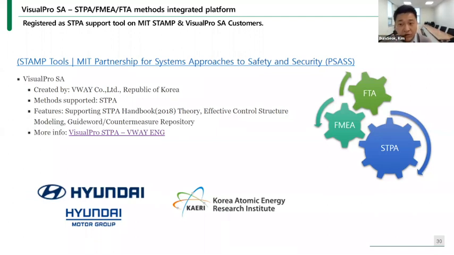So our company continues to study and develop how to effectively integrate STPA with existing or conventional safety analysis methods. Also, it is our challenge to analyze the future system.